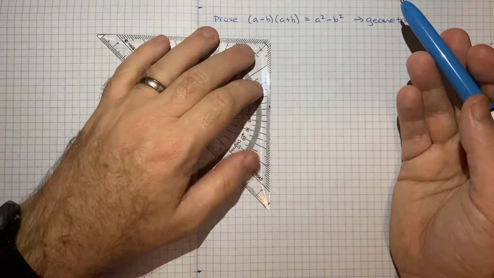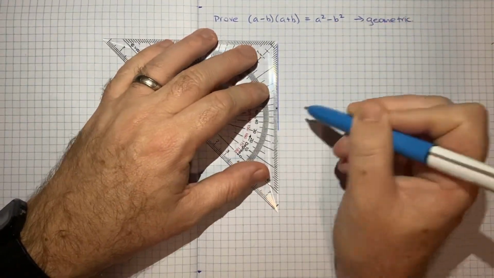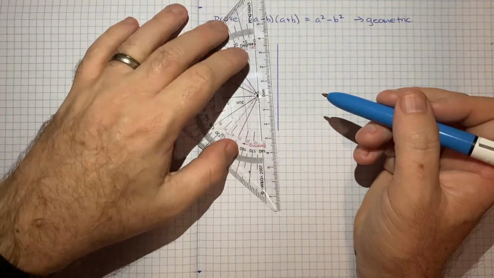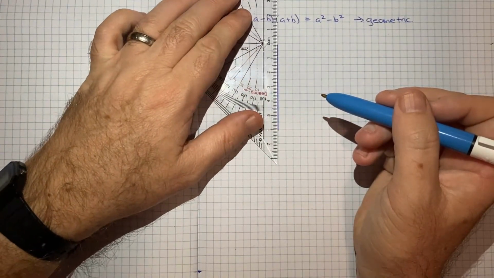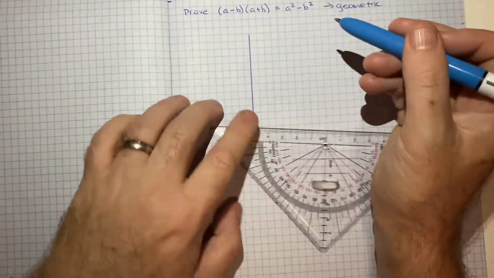So what I'll do is I might just draw up a square. I'll make sure I draw this as a proper square.